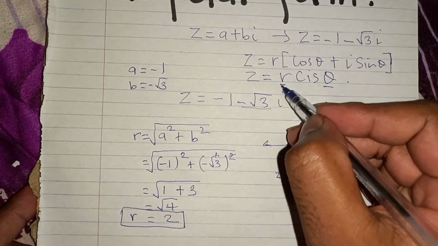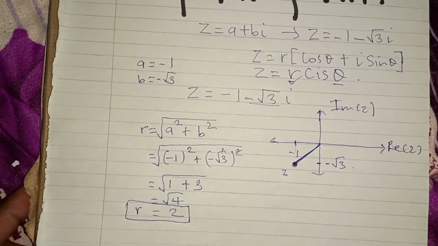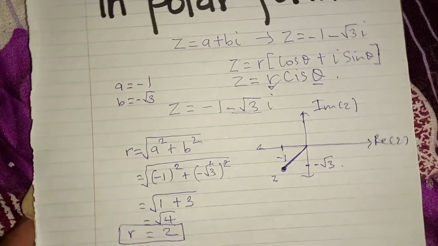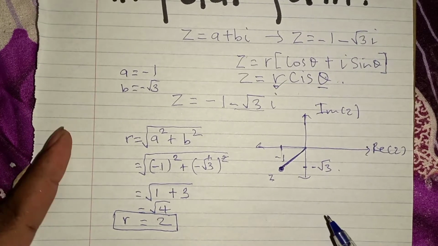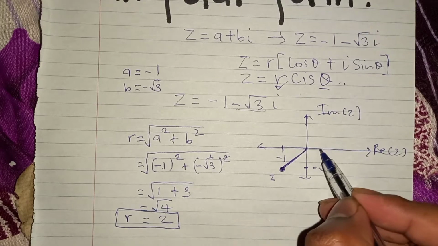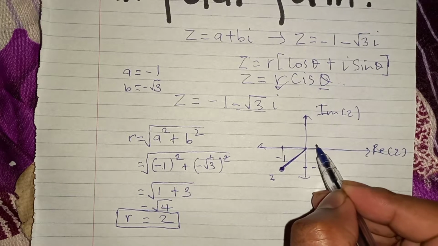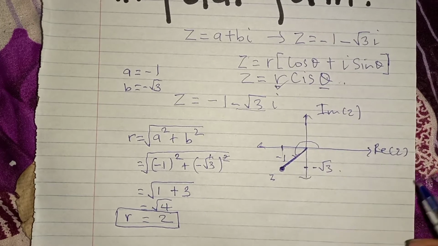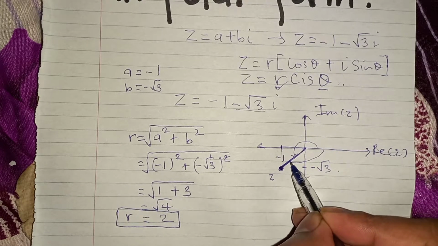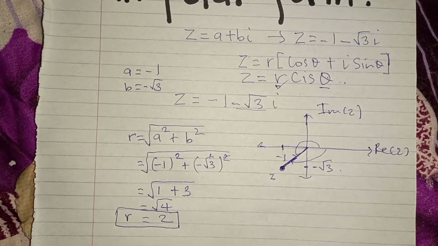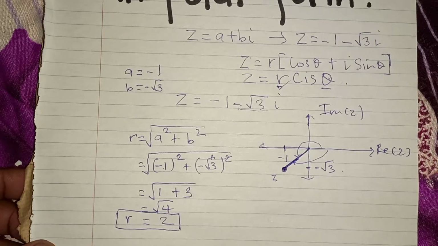So we have already found the value of r. Now we have to find the value of theta, which is this. Theta is basically measured from the positive real axis, or we can say from the negative real axis. So there are two possible ways we can find the value of theta.